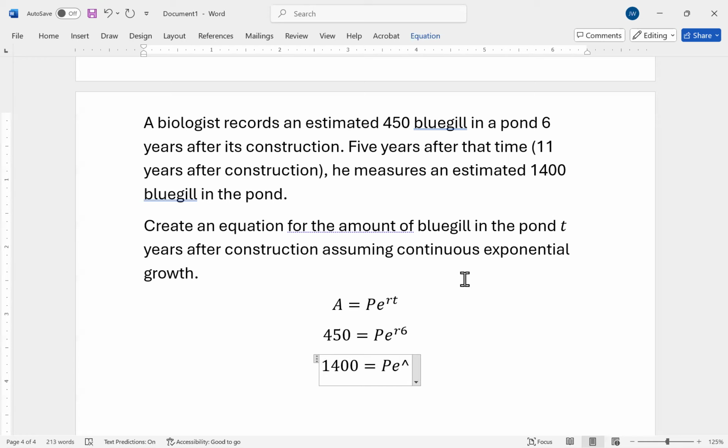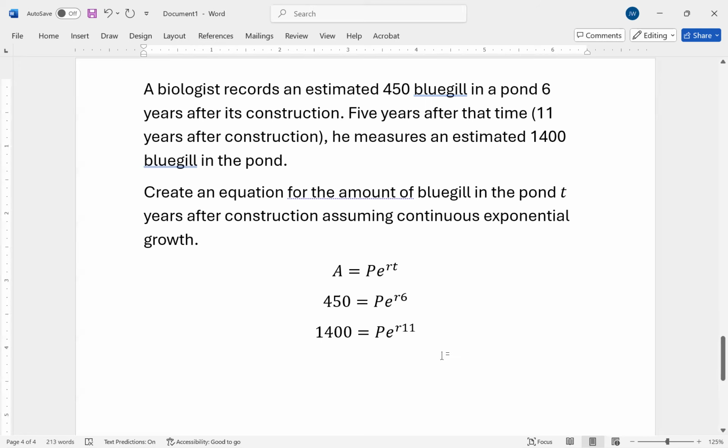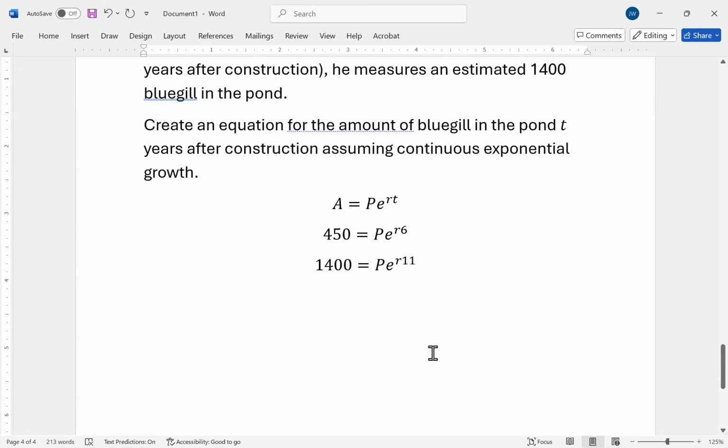Hopefully everybody knows that a bluegill is a type of fish. 1,400 are in 11 years after construction. So I know these two pieces of information, and I'm going to use them to figure out what the R and the P is in this general equation.